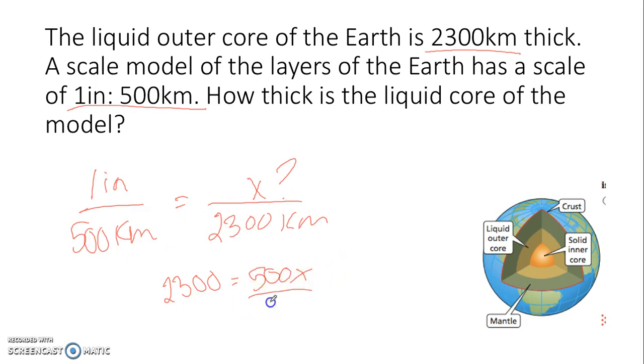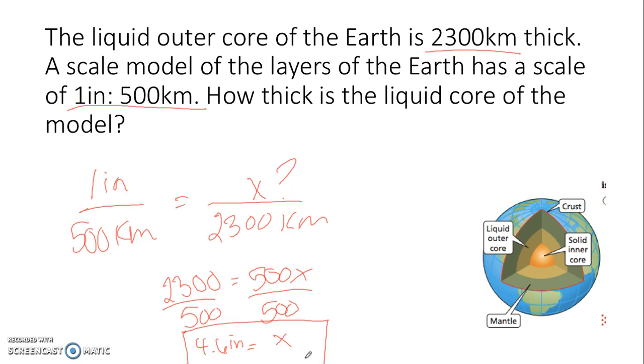Now solve for x. Divide both sides by 500. So x is equal to 4.6 inches. On our model, this liquid outer core is going to be 4.6 inches thick.